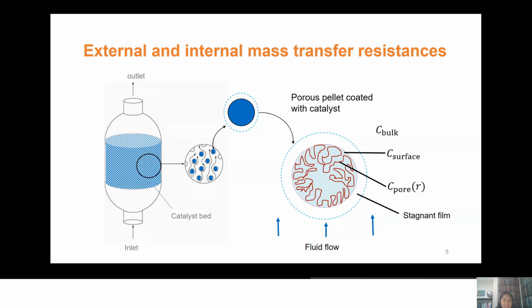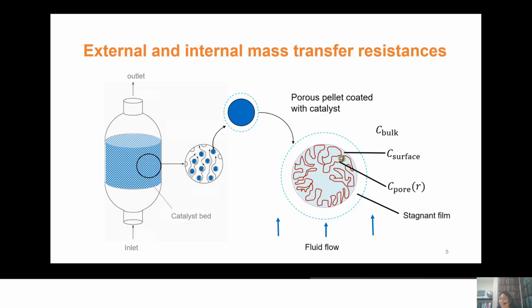There is another resistance associated with it: the concentration of your reactant will drop from the surface to the center of the pellet. It needs to overcome that resistance to internal diffusion so it can diffuse inside.